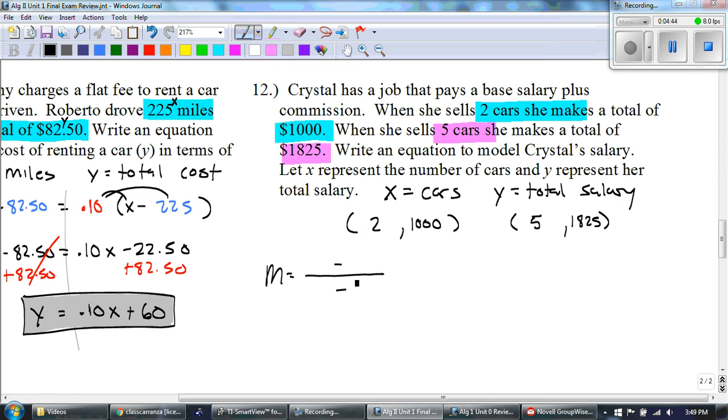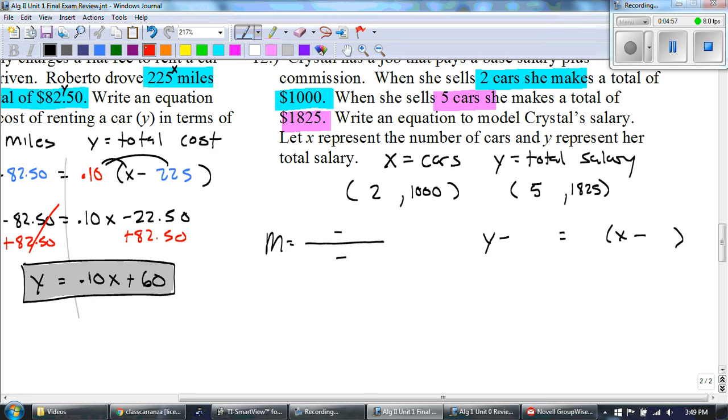So I have to find the slope first, and once I have the slope, then I can plug into point slope. Remember, y's go on top, x's go on the bottom.